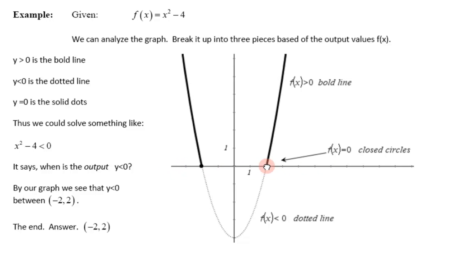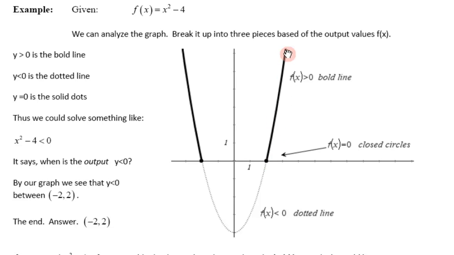These values are greater than 0 for the y values, right? These values are less than 0 for the y values, okay? So we want to make this inequality either greater than or less than 0. We can see which values are doing that. Here are the greater than, here are the less than. Right at this point and this point, these are where it's equal to 0.